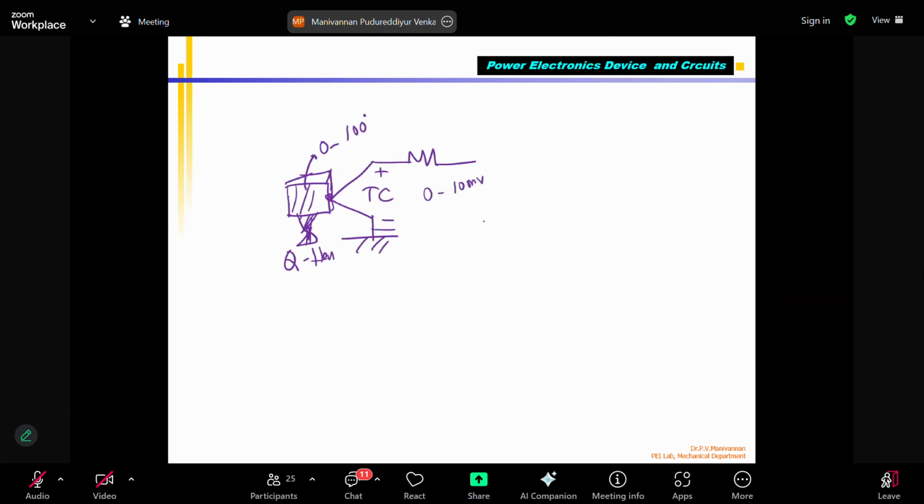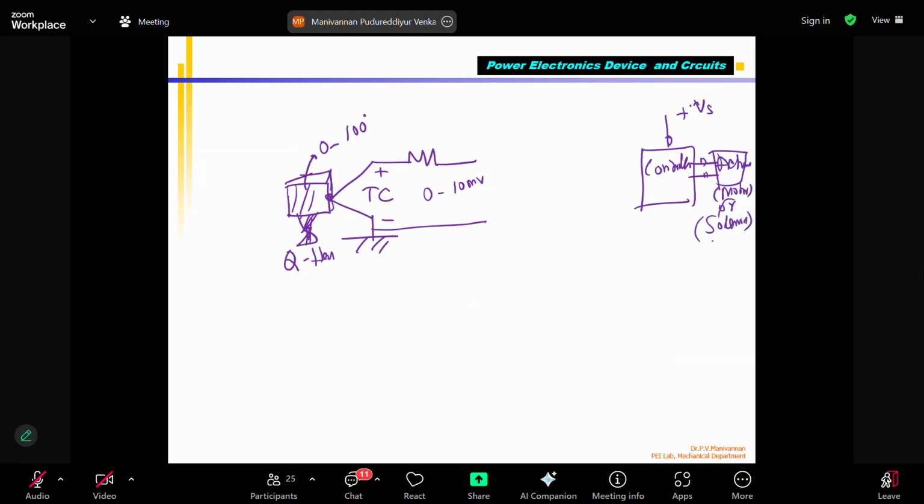This voltage, if I give directly to my controller, which is going to control an actuator. This is the controller, correct? The controller is supplied with supply Vs, and that is going to supply the current to the actuator, which can be a motor or a solenoid.